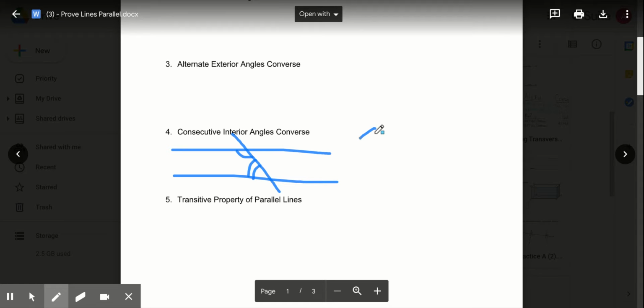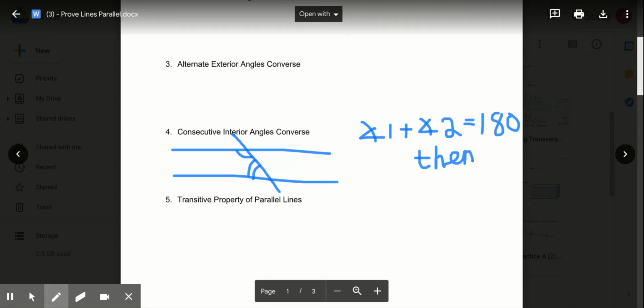But I would be able to say if angle 1 plus angle 2, if I know that they're supplementary, if they add up to 180 degrees, then the lines are parallel.